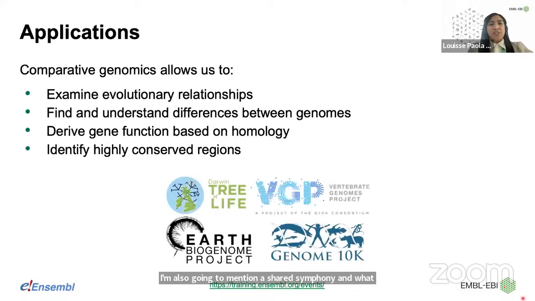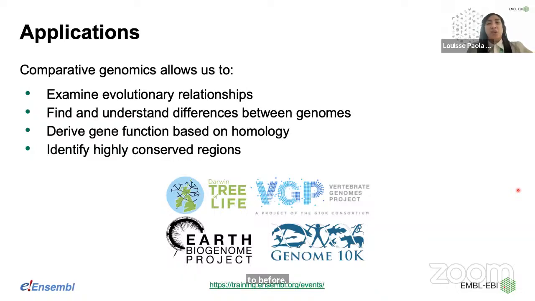So let's look at the applications of comparative genomics. With sequencing data being generated at a much faster and cheaper rate, a lot of previously unavailable genomes have now become available, meaning that we can start making comparisons between species which we didn't really have access to before. So researchers in the field of comparative genomics are especially interested in examining the evolutionary relationships between species, finding and understanding the differences between the genomes, and so on.